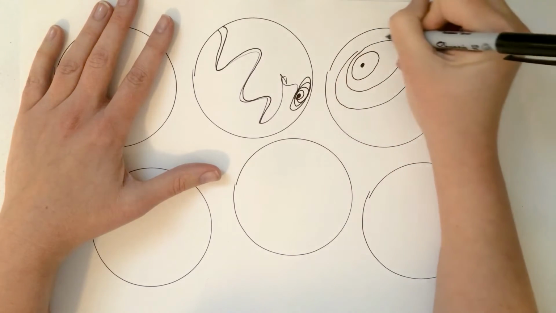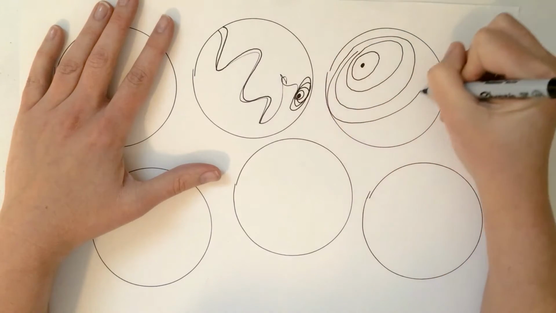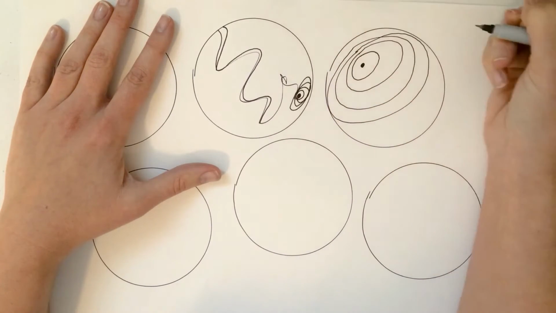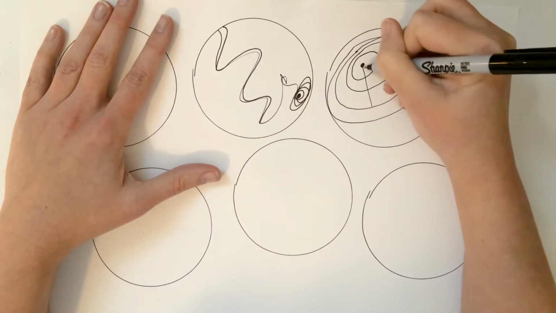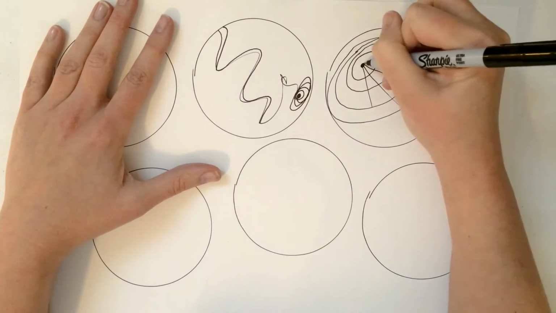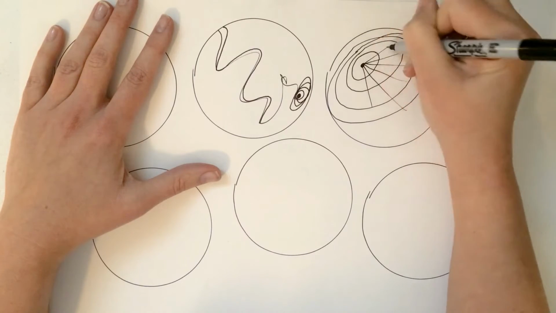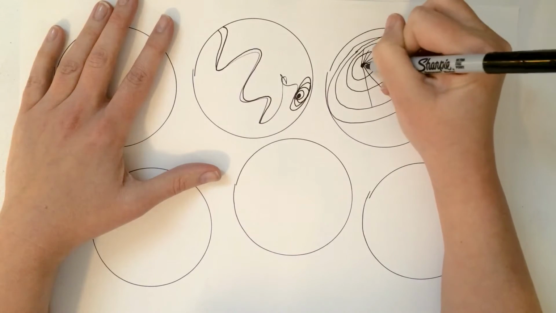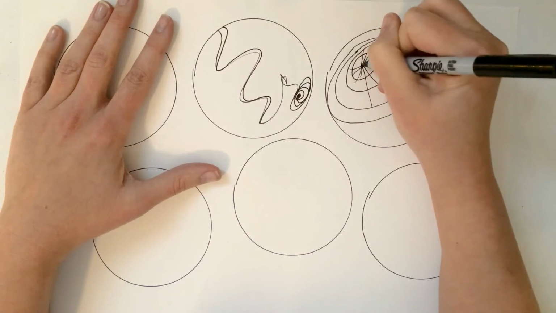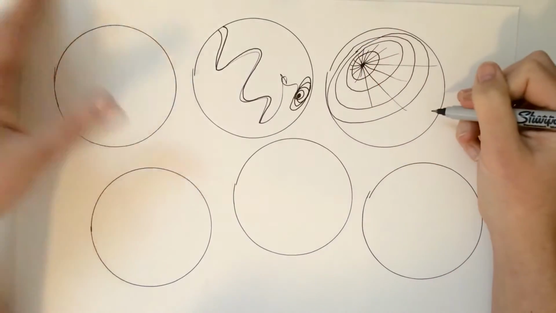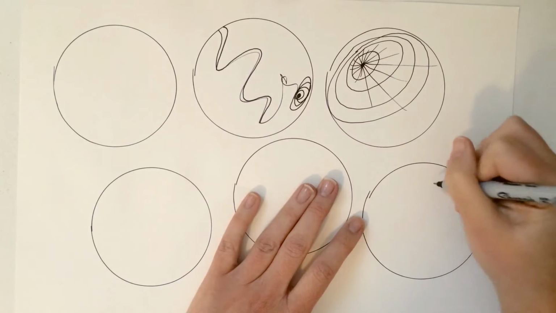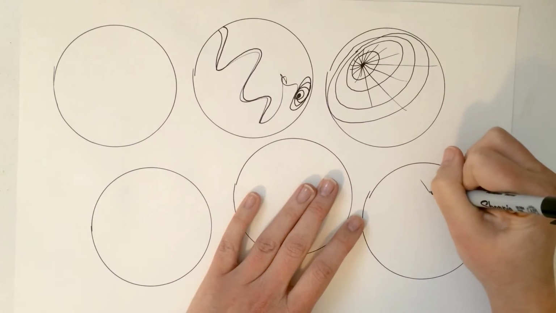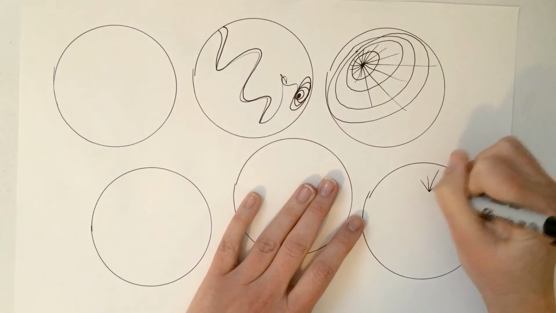So the goal is really this exercise. You only want to spend about 5 minutes on it total. So from this one, I really like that sort of starburst. So I'm going to start that in this next one here.